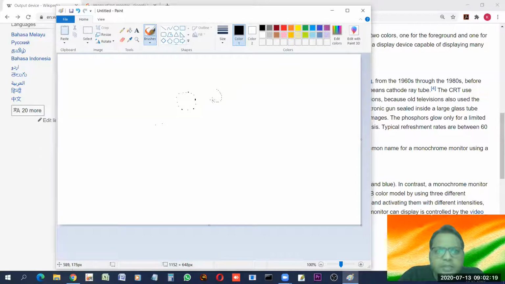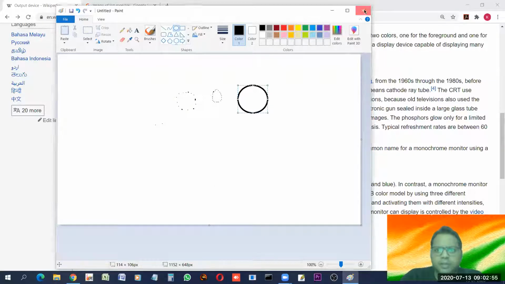So these are the pixels which are there on the computer screen, and each pixel gets illuminated. And suppose you have to form a shape like this, then the electron gun will emit an electron beam on the screen in this way, and this kind of image will be formed. And if the picture is sharp, then what kind of image do we see? We see clear pictures like this. The dots are very close to each other, high density, HD we call it.